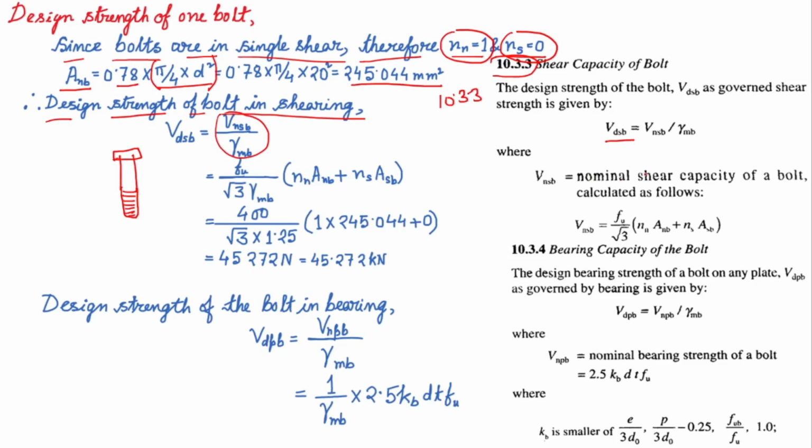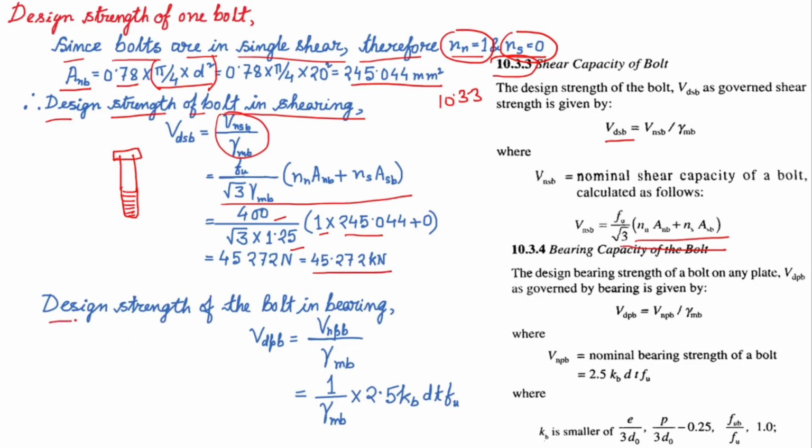If I replace Vnsb by this formula, it will be like this. Then I have just put the values of fu, gamma mb, Nn, Anb. Finally the value has been calculated as 45.272 kilonewton. This is the design strength of the bolt in shearing.